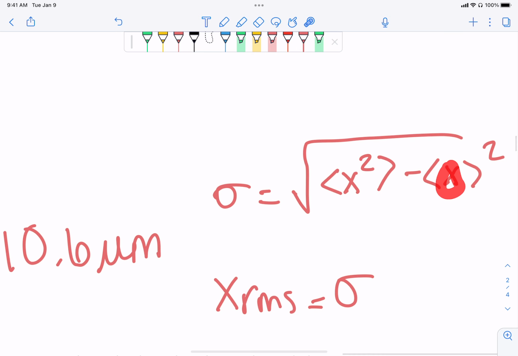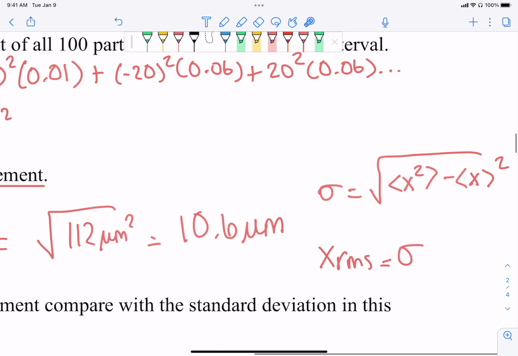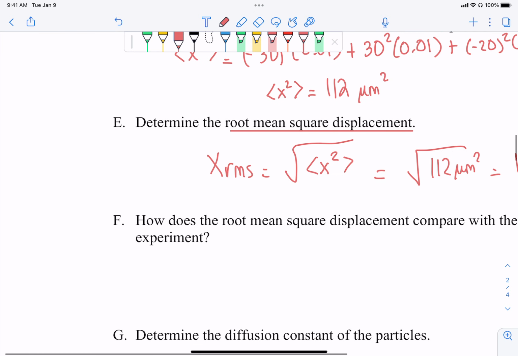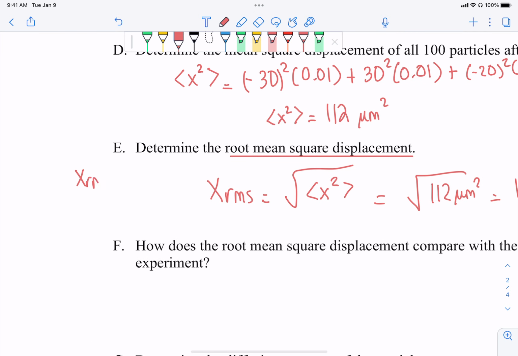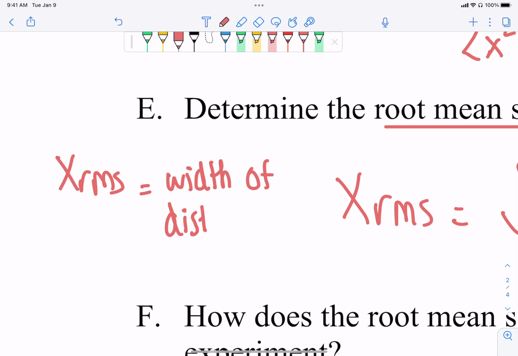So if I take 0 squared, well, that's 0. So my standard deviation is actually equal to just this part alone, the square root of the mean square displacement, right? Well, that's also XRMS. So if you remember in the lecture, they actually defined XRMS as being like the width of the distribution, which is the same thing as the standard dev because the two values happen to be equal.